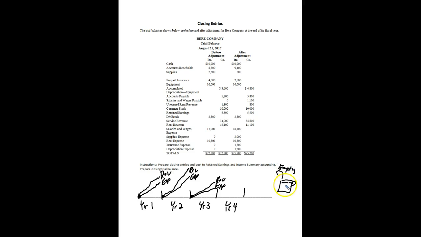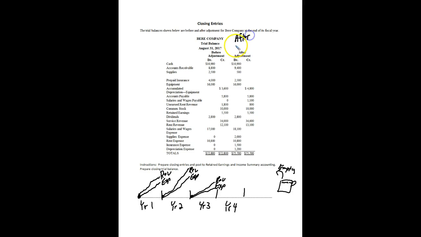So if I've got a cup of water and I need to measure a second cup of water, I have to empty this cup and then I can measure a second cup. Same thing over here. The only way I can start measuring revenue and expenses all over again for year 2 is if I empty these accounts out. Okay, so let's look at what we've got up here. We have balances before adjustment, and then we have balances after adjusting journal entries.